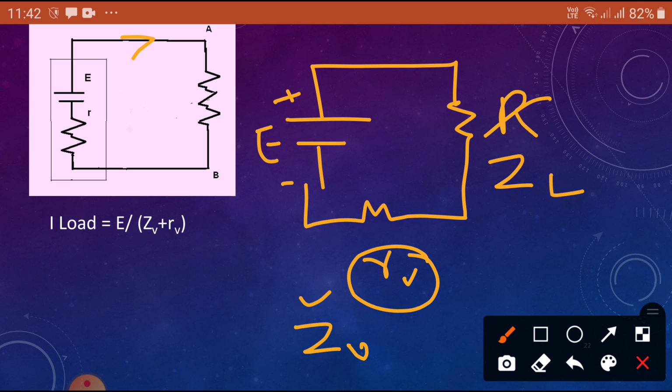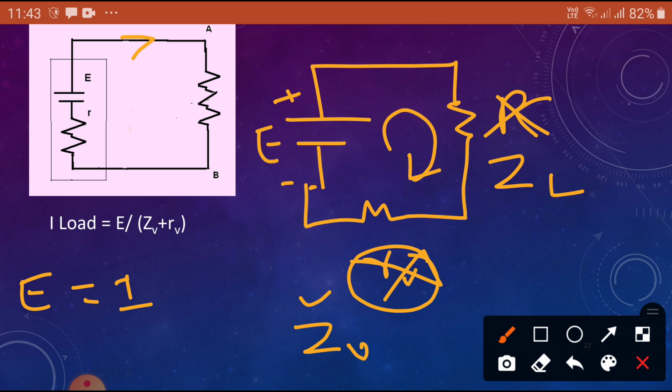Write it in terms of impedance because it depends on the load impedance value. Now what is the value? As per Ohm's law, in a closed circuit, E is equal to I into the internal resistance plus the load impedance.